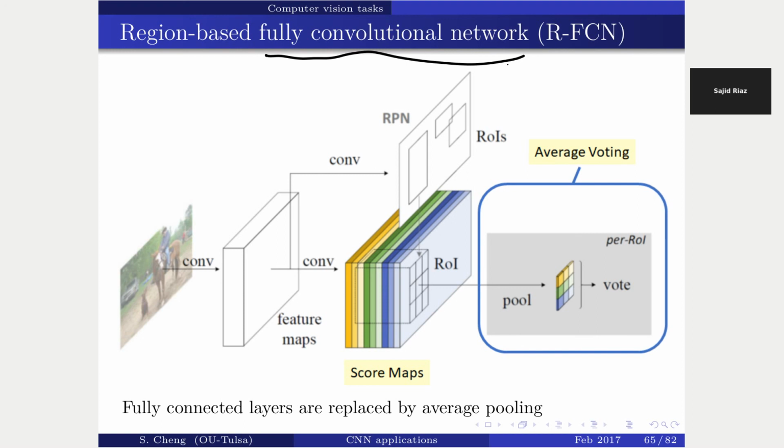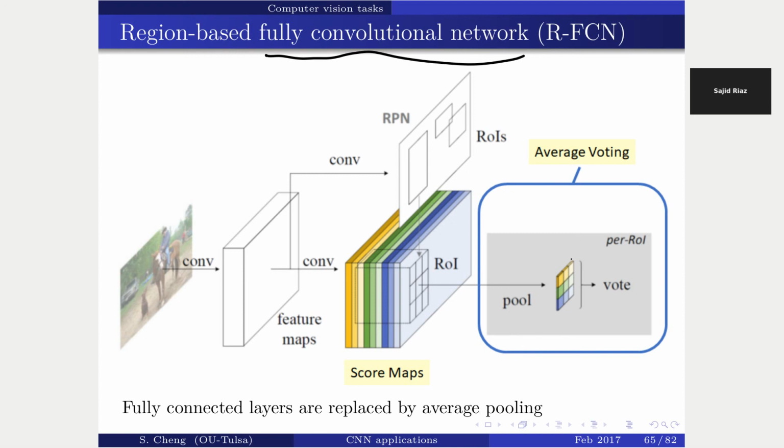But you simply remove the fully connected layer at the end. First, the fully connected layer can be expensive. If you count the number of parameters, it's typically huge, with lots of computation there. If you remove it, you can replace it by, for example, average pooling.